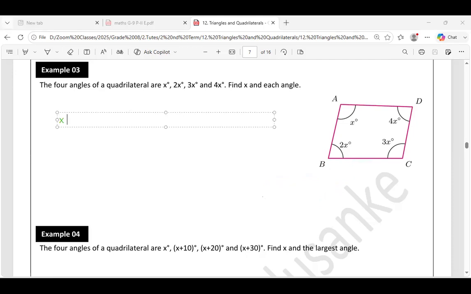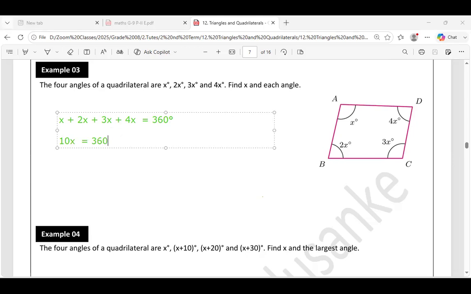So very basically, x plus 2x plus 3x plus 4x is equal to 360 degrees. x plus 2x is 3x, 3x plus 3x is 6x, 6x plus 4x is 10x. 10x equals 360.